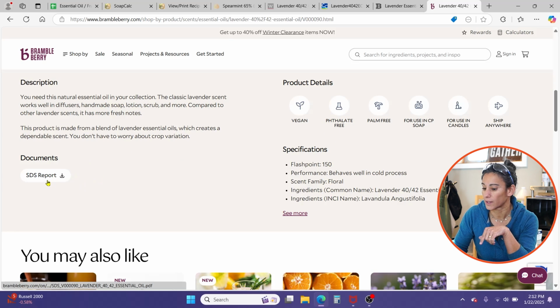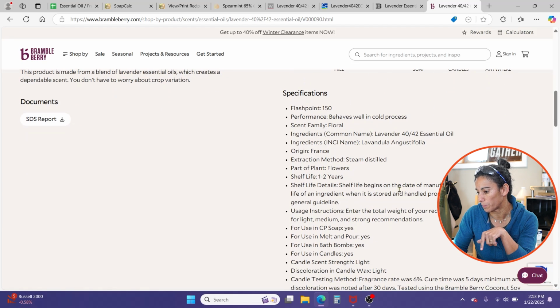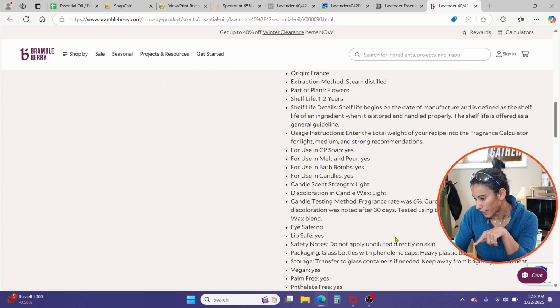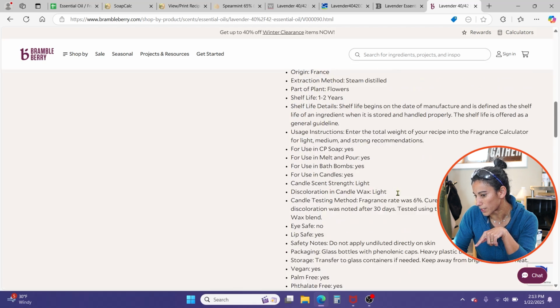And I did already look at this SDS report, so I know it's not in there. And sometimes they have information here about how well it behaves in soap. And let's see, they have the candle testing rate amount, but I don't see anything about cold processed soap.